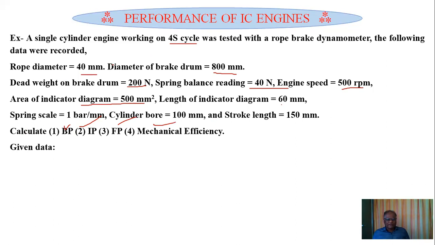This is a different spring. This spring is in the indicator, and the spring balance reading is in the dynamometer. Don't confuse between these two springs. And bore diameter is 100 mm, length of the stroke is 150 mm. Calculate useful power, total power, frictional loss, and mechanical efficiency.